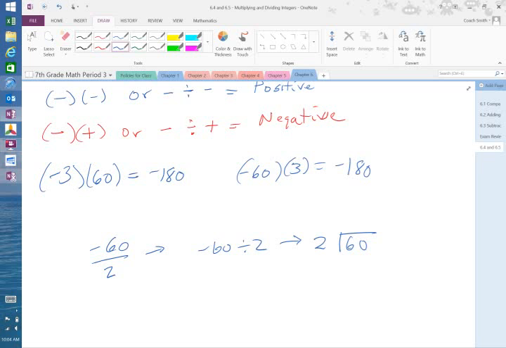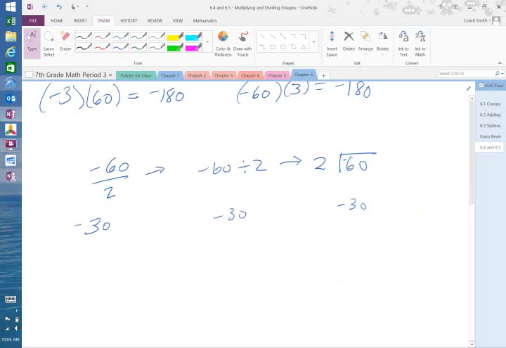We're still dividing 2 into 60. 2 goes into 60 30 times, but I have one negative sign, so it's negative 30. So each one of these would be negative 30. Doesn't matter which way they express it.